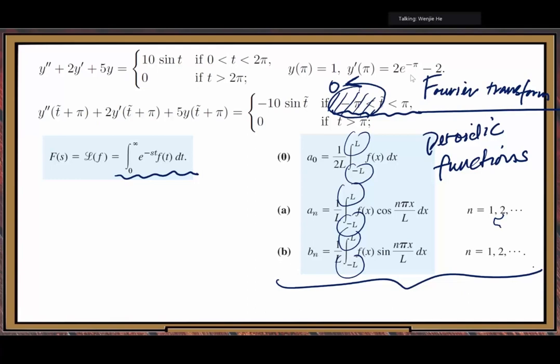Because for the Laplace transform, technically you don't need that part. So as a simplification, it just kicks it out, due to a technical reason. Then you lose half of the data.